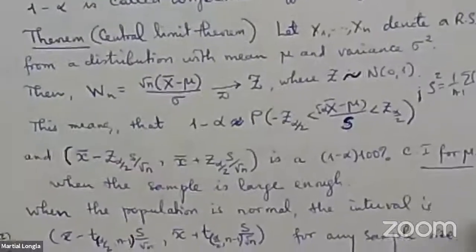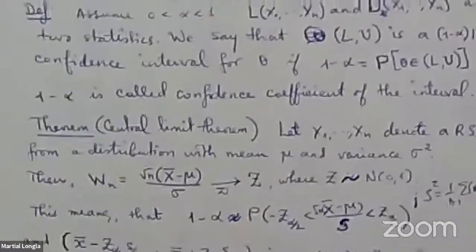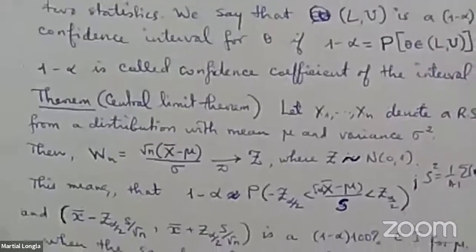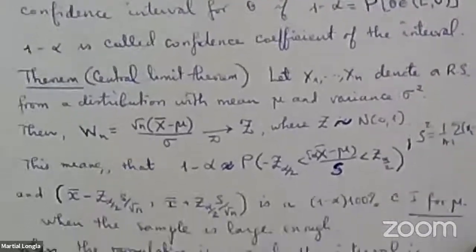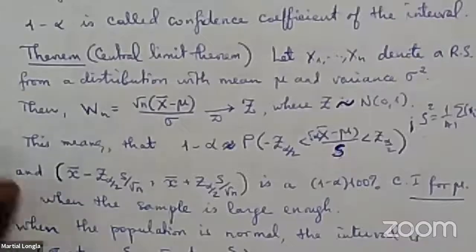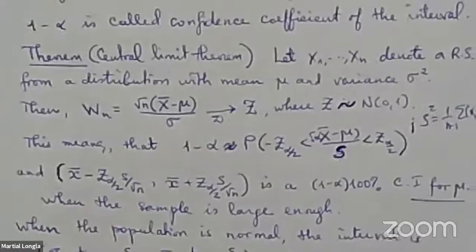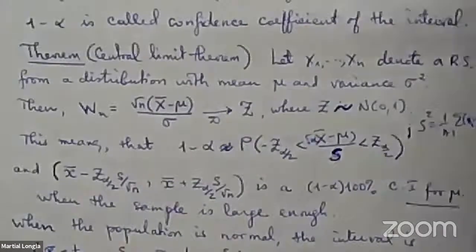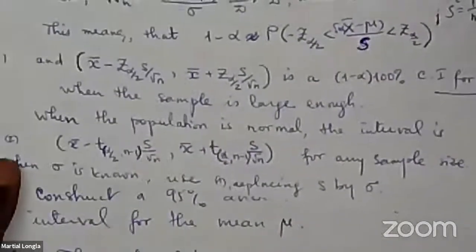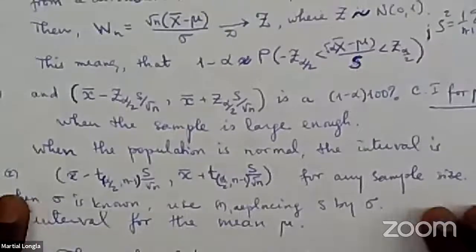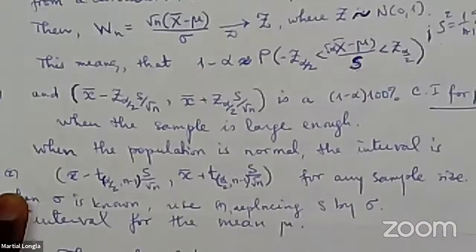The second kind of confidence interval that you can have. The first one is in general.